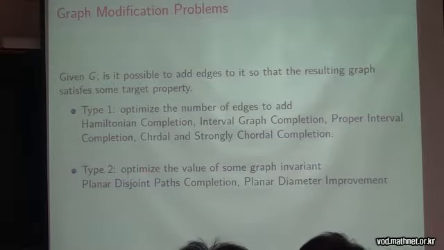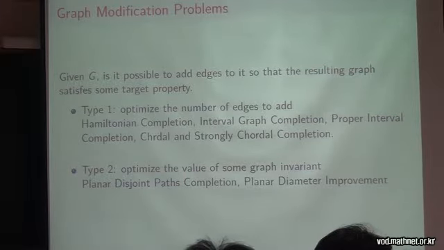In this case, you can add as many edges as possible, but you want the resulting graph to have some invariant bounded by D or K. So the problem I consider is such a problem.